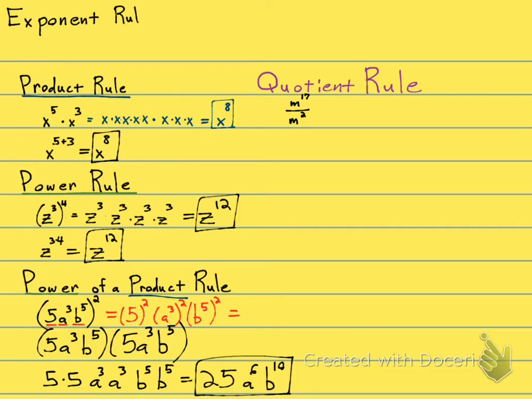Notice how this becomes power rule. Here's the power rule, here's the power rule. So you would still get 5 squared is 25. A to the third to the second power is a to the sixth. B to the 5th to the 2nd power is b to the 10th. Okay, so you get the same thing, right?